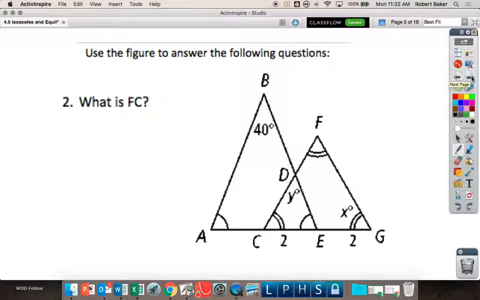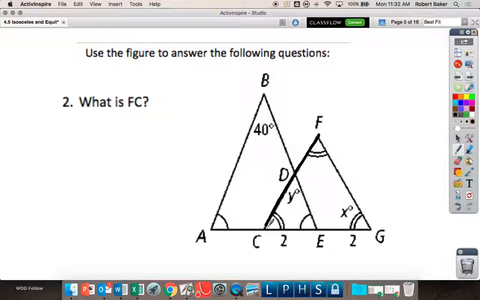How long is FC? FC is this line segment right here. Are there any measures? 4 units. So there's 2 right there and 2 right there.